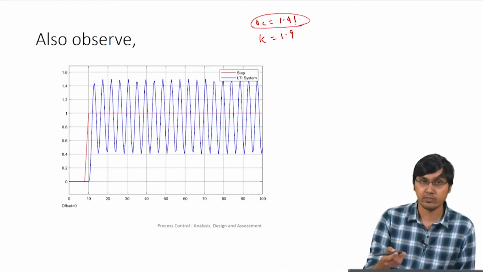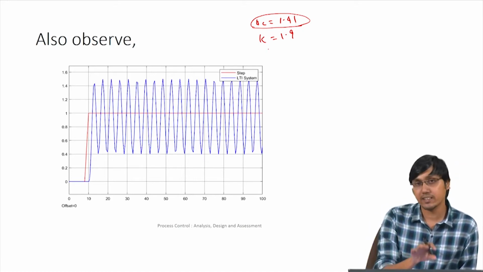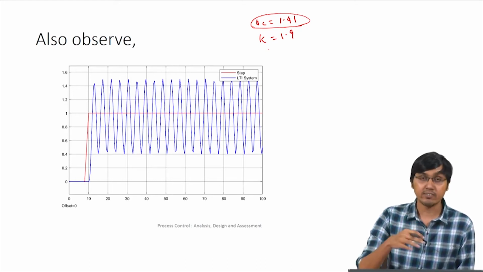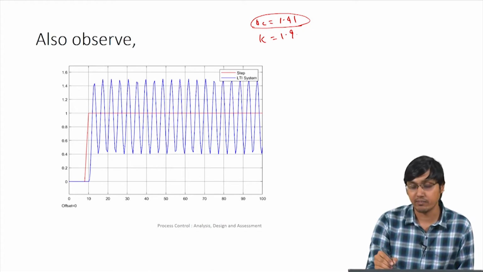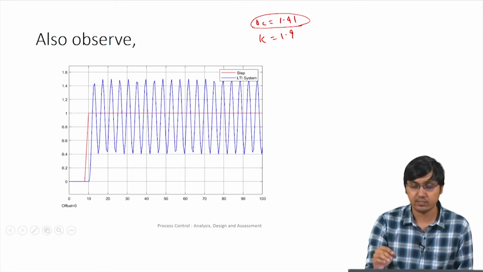So this critical frequency tells us the frequency at which the system will oscillate when the gain is increased to 1.9. When the gain is equal to the critical gain, that is when the system will oscillate at the critical frequency. That's something you can think of.